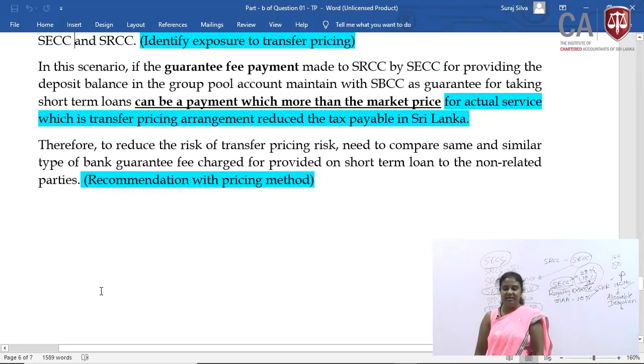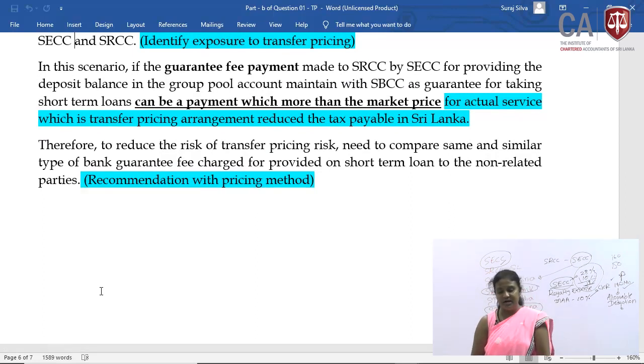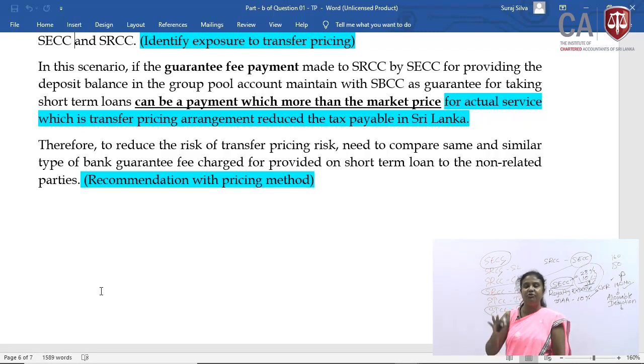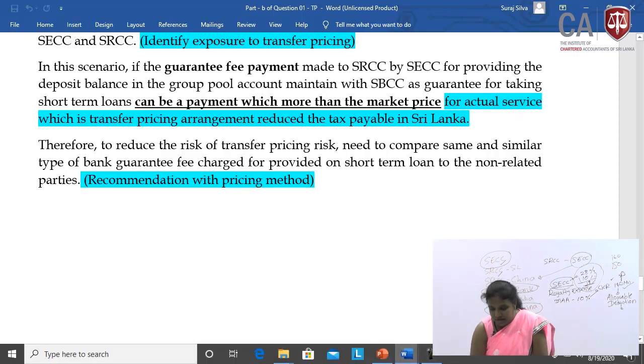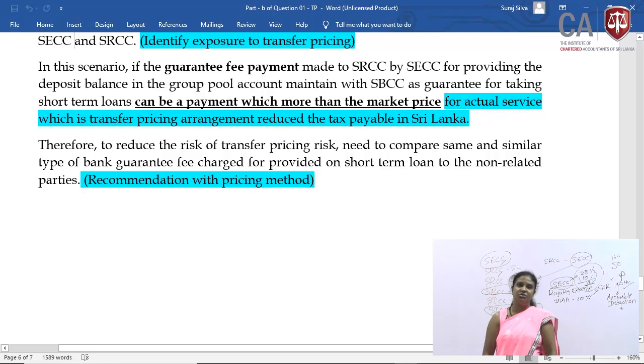Now my recommendation, to reduce the transfer pricing risk, is to compare the same and similar types of bank guarantee fees charged on short-term loans to non-related parties.